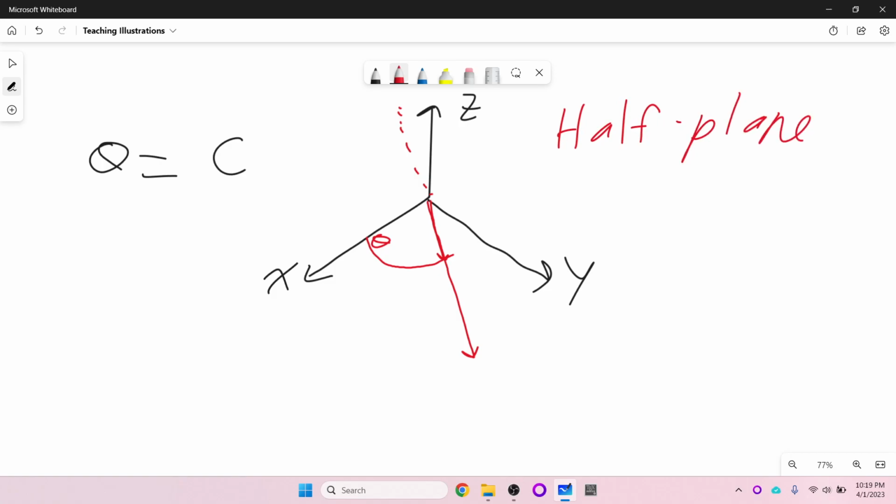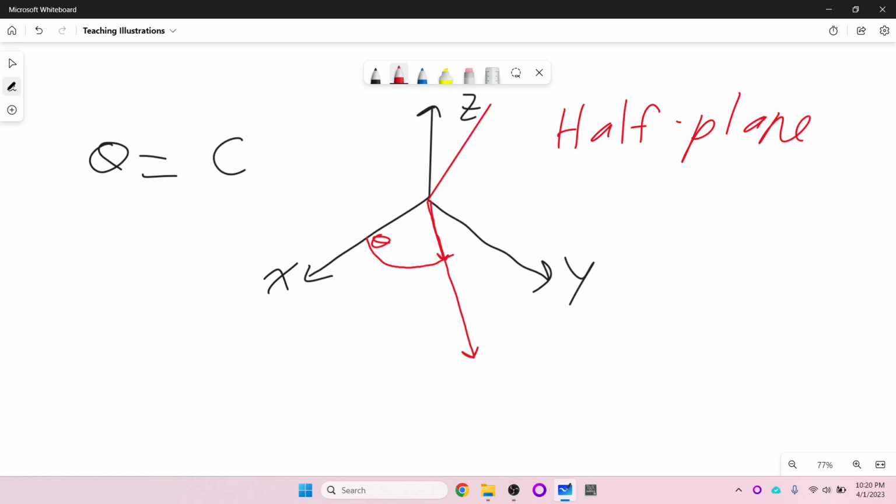It doesn't go backwards, so I should probably erase that part. Theta points outward. Going the other way would be c plus pi. So it's actually not a full plane, but just a half plane.